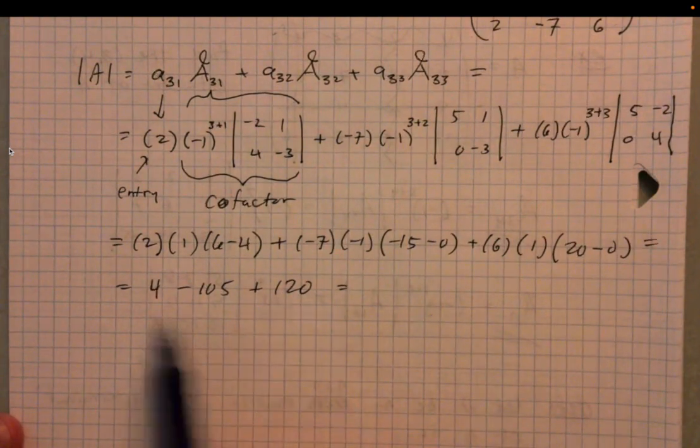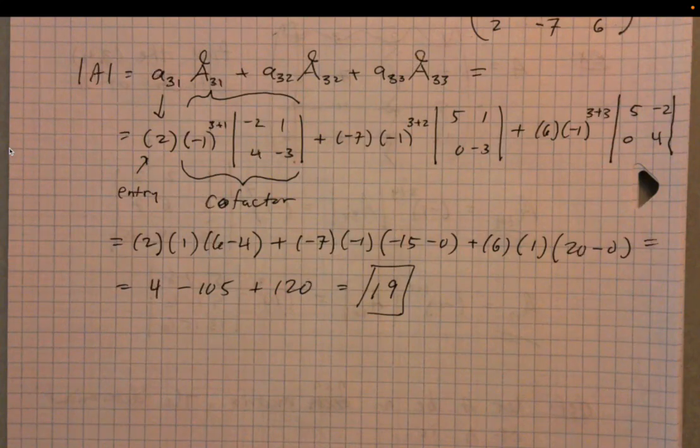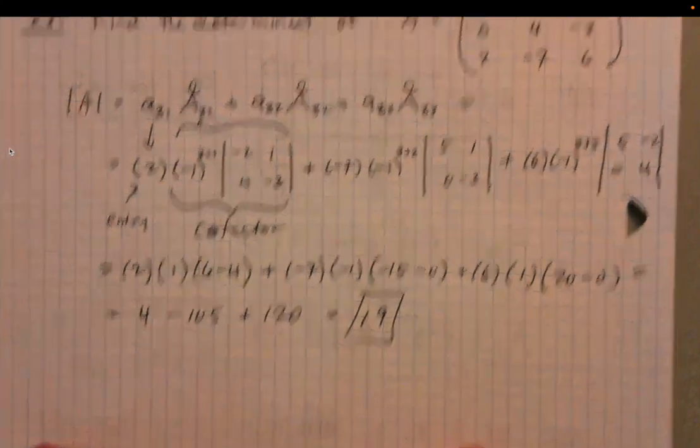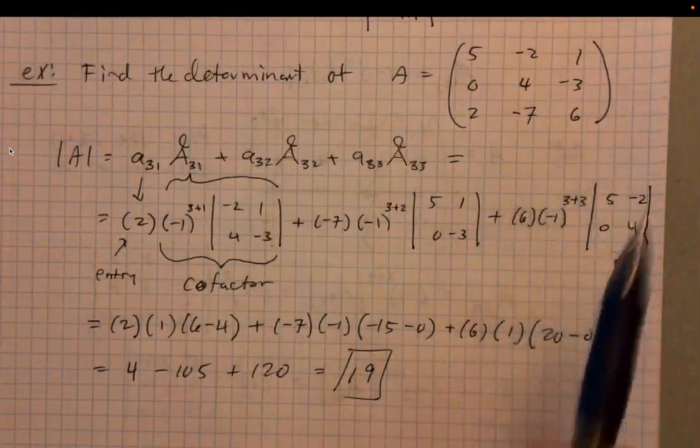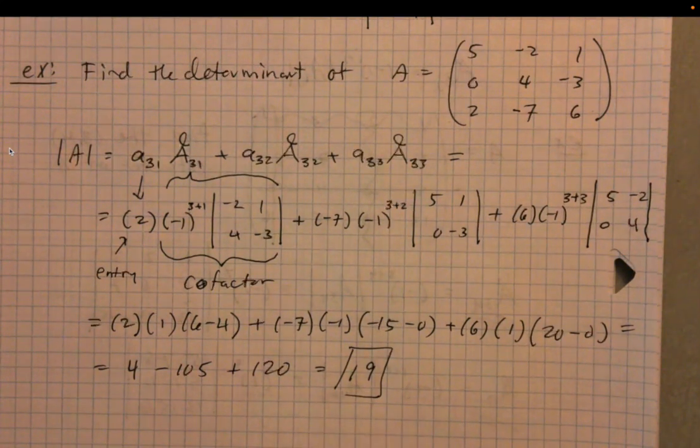And so that means I've got 4 minus 105 plus 120, which is 19. Okay, so the determinant of this matrix is 19. And now you could go back and recalculate this using the basket weaving technique, because this is a 3 by 3 matrix, and you could just confirm this.